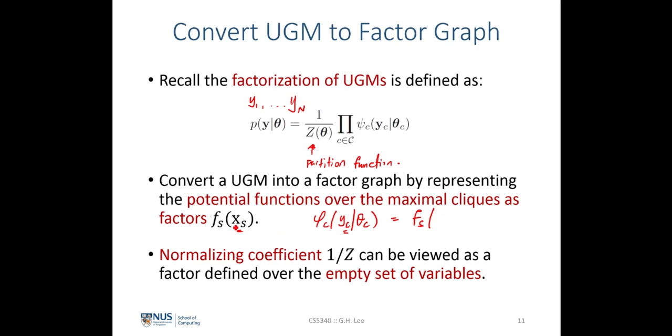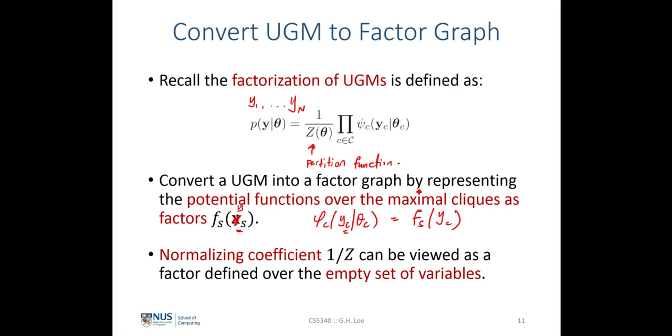So to be more specific, or to be consistent with the notation, I think we should represent this as ys over here. So what it means is that within the factor fs that corresponds to the clique potential given by phi c over here, all the random variables inside here should be yc, which is all the random variables that are contained in this maximal clique potential function.